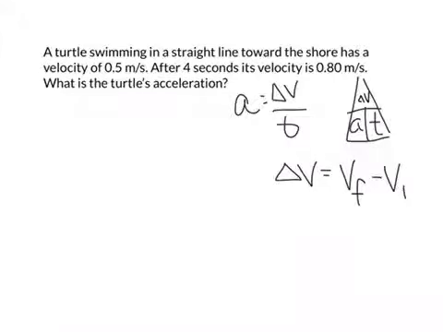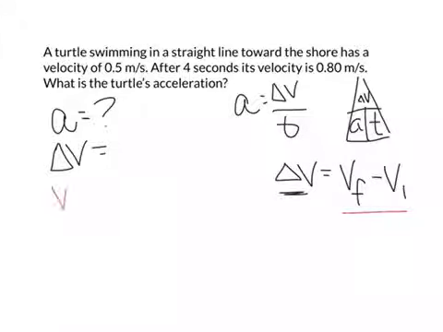To find acceleration, I'm going to have to figure out what is my delta V. In order to find delta V, I'm going to have to know what is the final velocity the turtle was going and what is the initial velocity the turtle was going. I'm also going to need to know the time. So I go back and reread my problem.